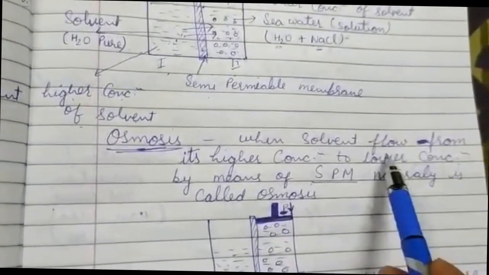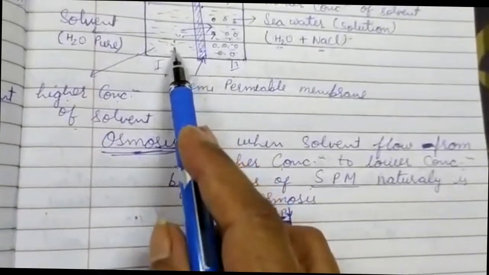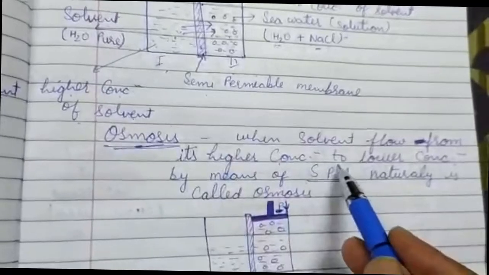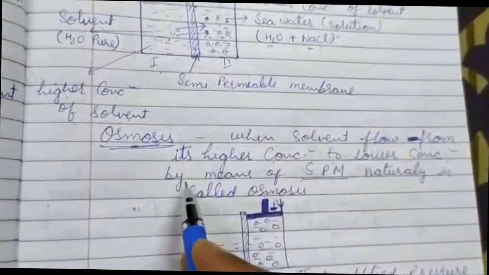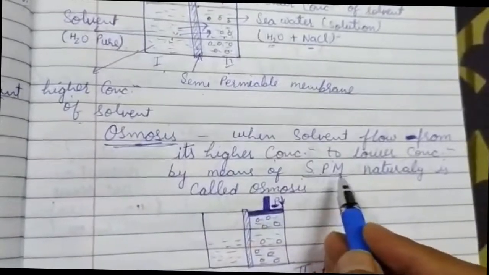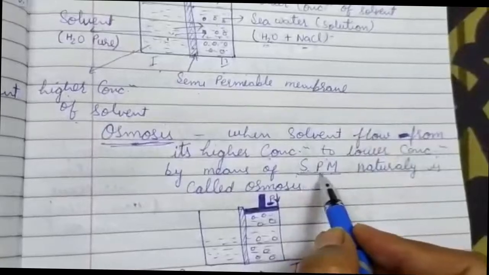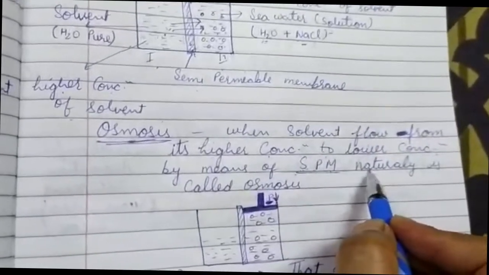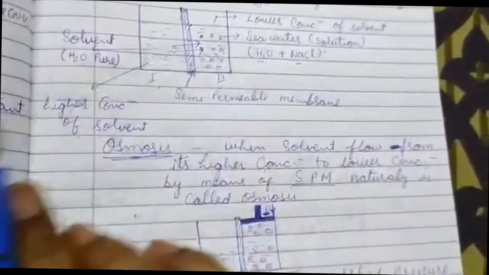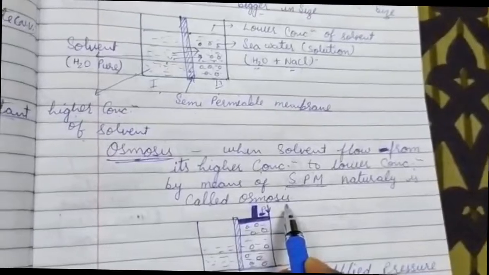When solvent flows from its higher concentration, this side, to the lower concentration, this side, by means of a semi-permeable membrane, here shown by SPM, the short form, naturally, this process is called osmosis.